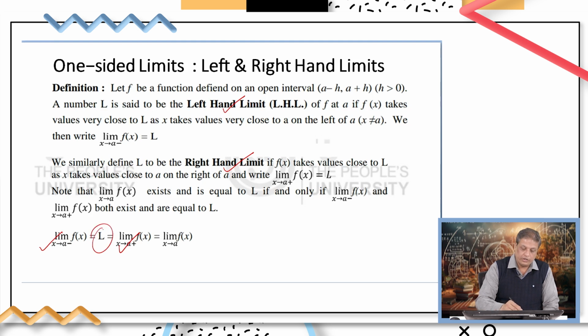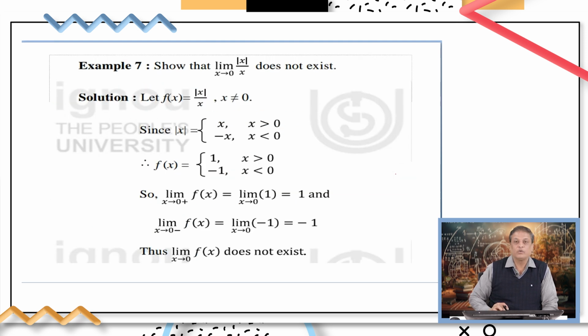Both should be equivalent to L, that means limit x tends to a f(x), in order to establish the continuity. So, left hand limit should be equal to right hand limit. We solved some numericals, likewise one shown over here, where limit x tends to 0, modulus of x over x is required to be shown that it does not exist.